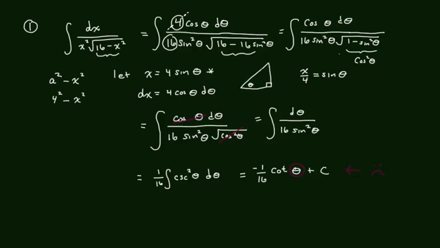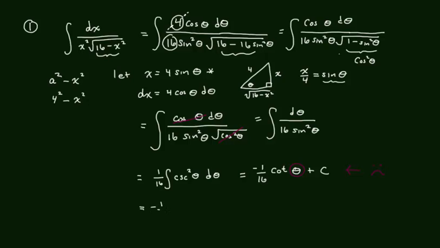And the sine of theta is x over 4, opposite over hypotenuse. And my missing side is simply the other leg, which is going to be the square root of 16 minus x squared. So this helps us to establish a relationship at the bottom.